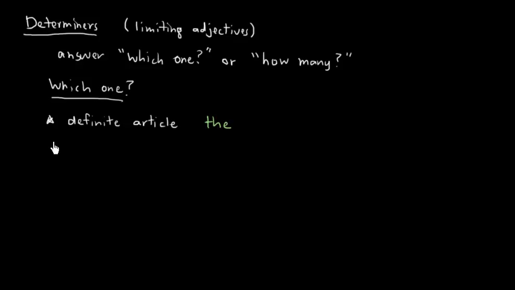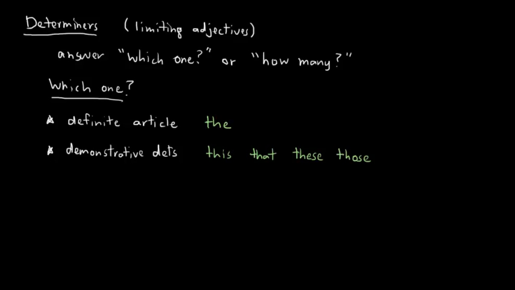The demonstrative determiners or adjectives, and there are four of them: this, that, these, and those.